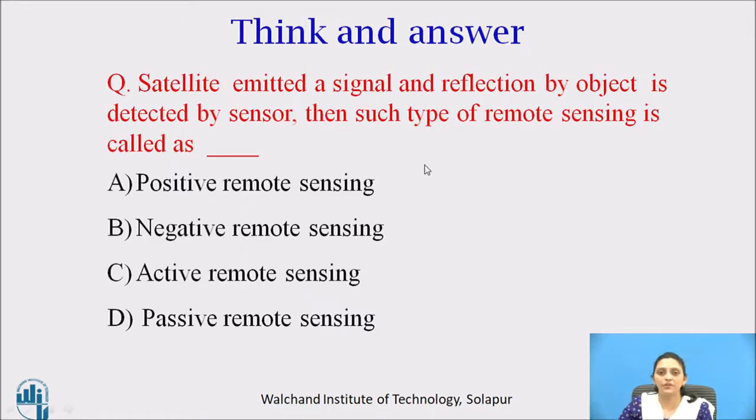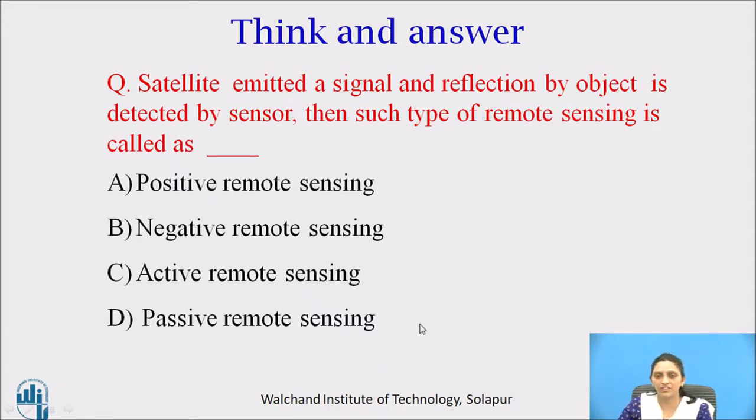Now you pause the video here and answer the question. Question is, a satellite emitted a signal and reflection by the object is detected by the sensor. Then such a type of remote sensing is called as. Options are positive remote sensing, negative remote sensing, active remote sensing, passive remote sensing.